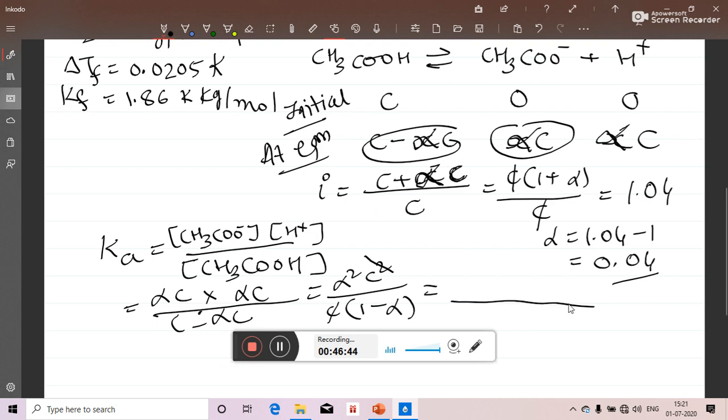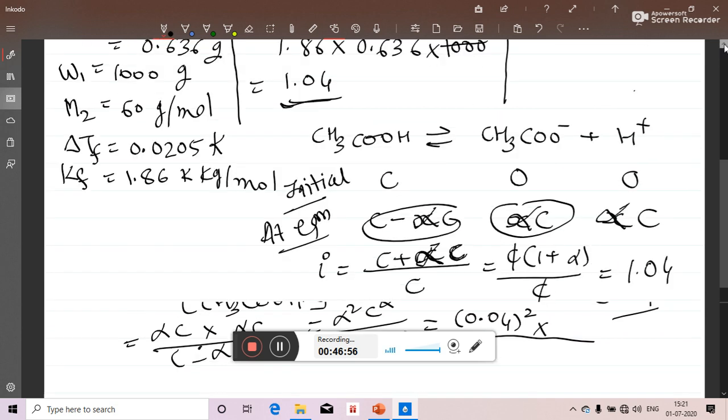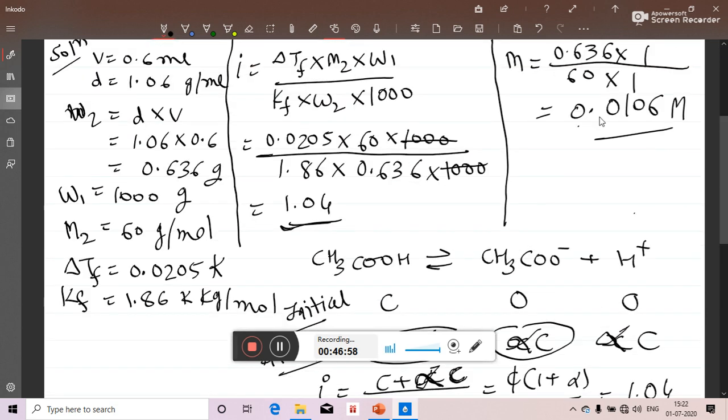So alpha square is 0.04 the whole square, into C, the initial concentration, that is the molarity. And what is the molarity which we have found? It is 0.0106.